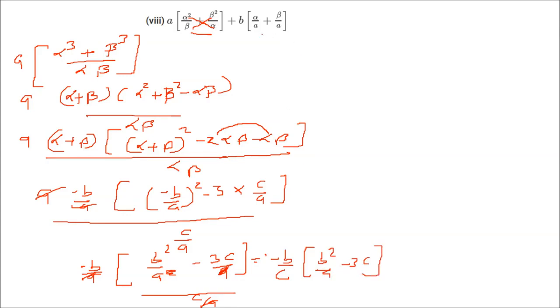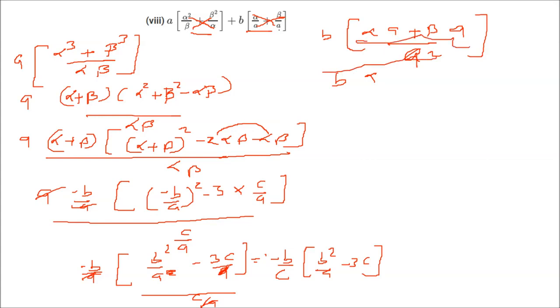Now let us come here. b alpha into a plus beta into a, that is b into alpha plus beta by a square. Well, you don't have to do all this, because a is a denominator.